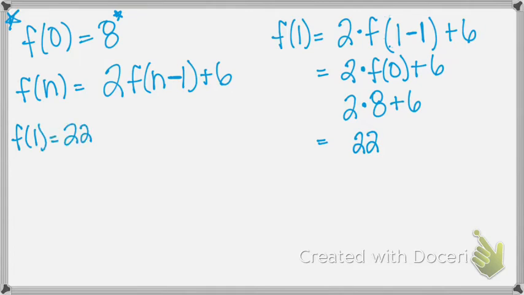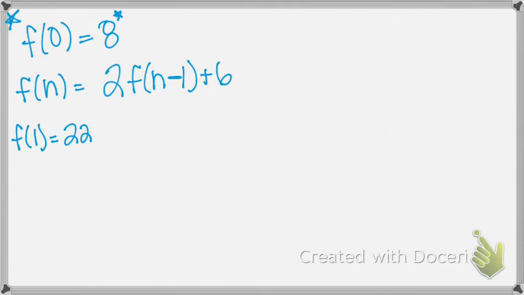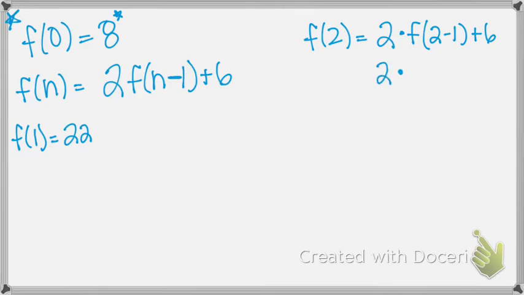All right, so let's do the same thing, except this time we will do f of 2. So we put our function rule. We simplify. 2 minus 1 is 1.